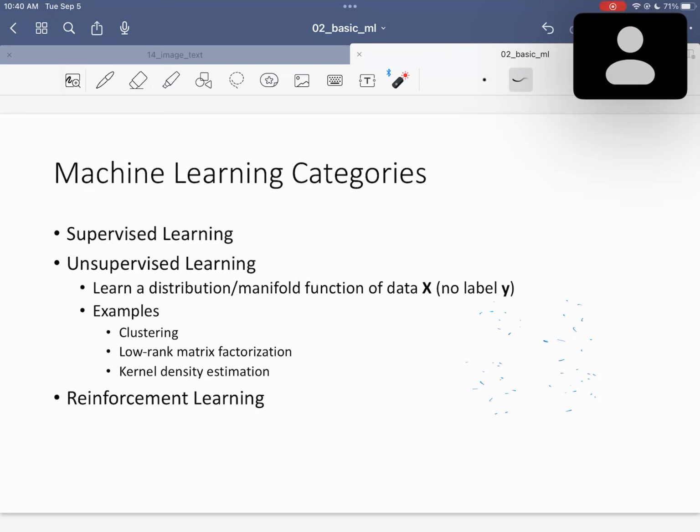Kernel density estimation is, for example, you don't have a density. I'm hoping that everybody's already familiar with probability density function, right? PDF. So when you have data and you don't know its PDF, you can estimate its PDF, right?